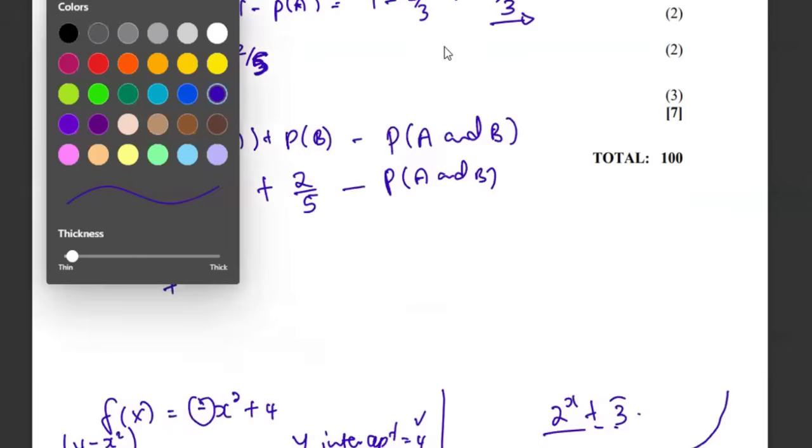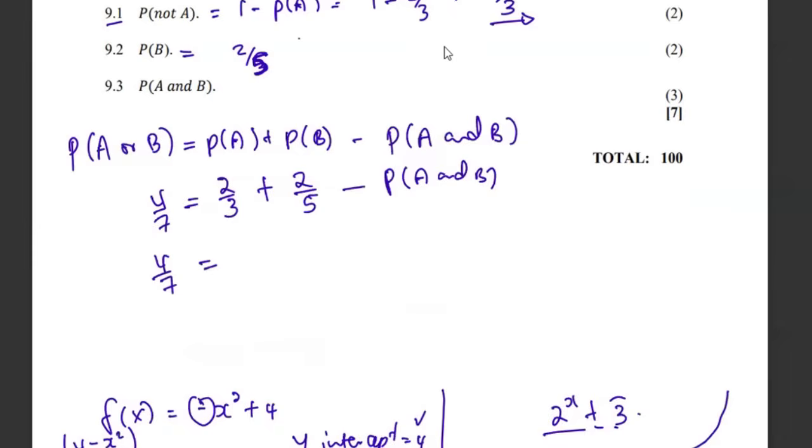When I add up, let's see, 2 over 3 plus 2 over 5 gives me 16 over 15, minus the probability of A and B.